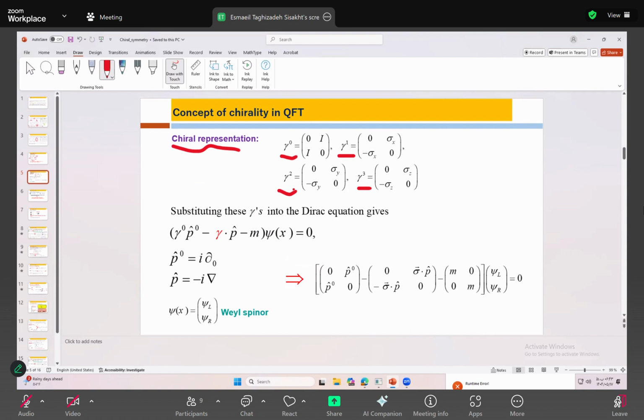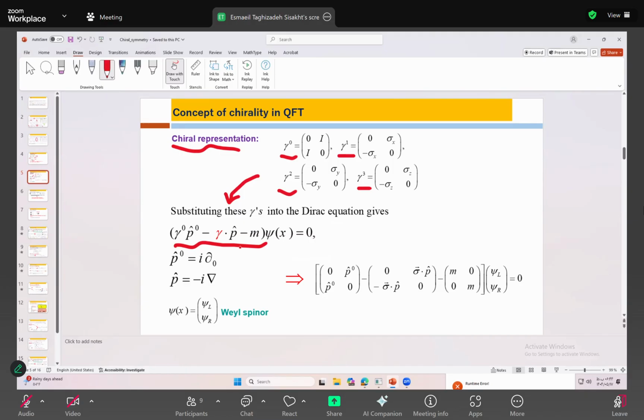If we substitute these gamma matrices in the Dirac equation, then we can rewrite the Dirac equation in this form.